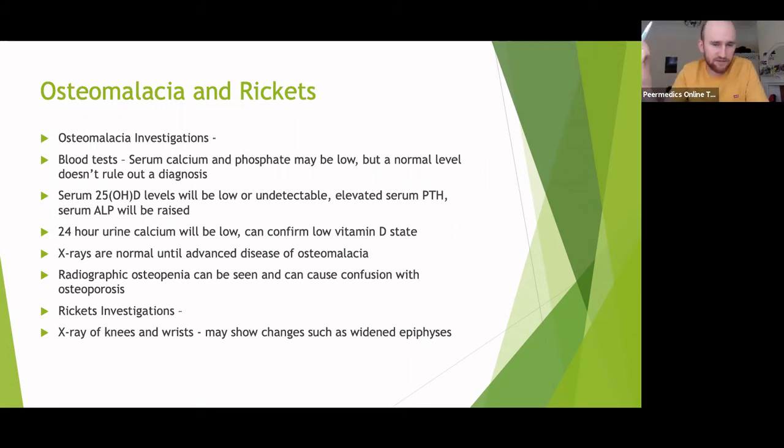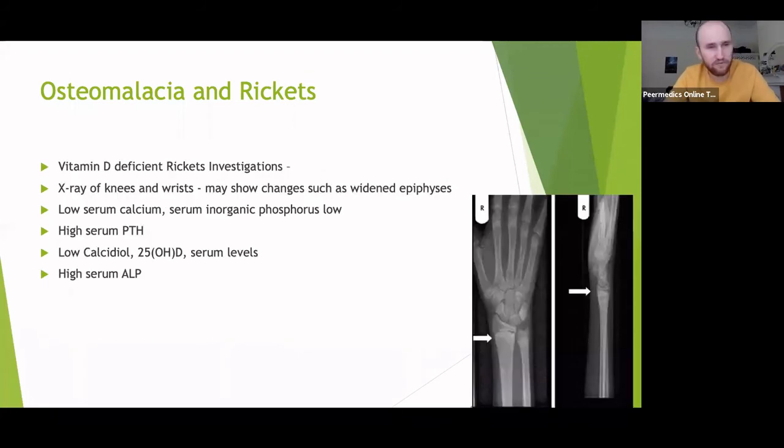X-rays are often normal until advanced stage. So again, you're not going to see anything on X-ray or clear films. But if you do, then it may show those wide epiphyses in rickets and things like that. Osteopenia, like we said earlier, is just that sort of radiolucency.